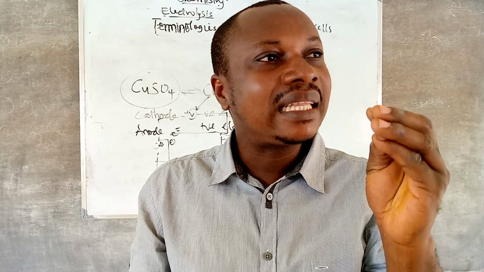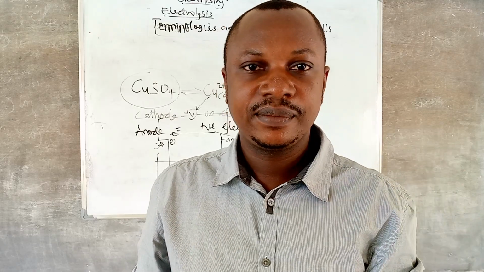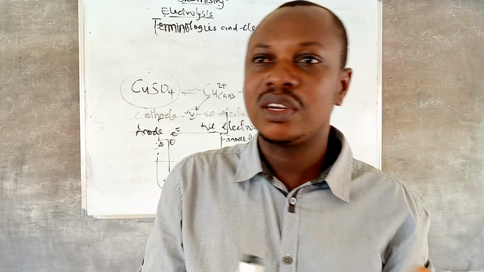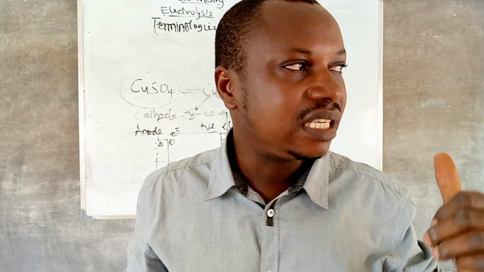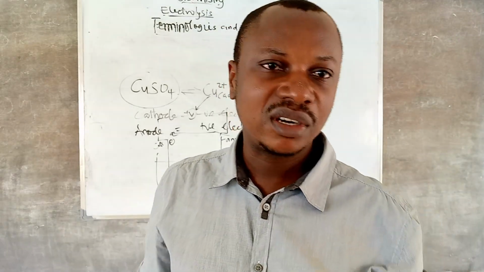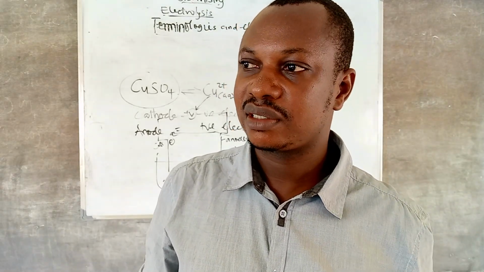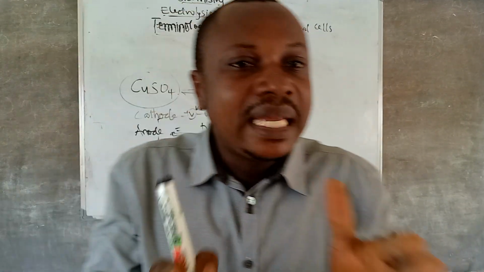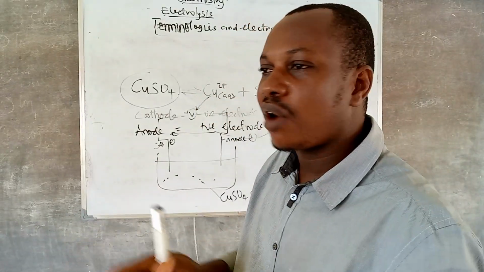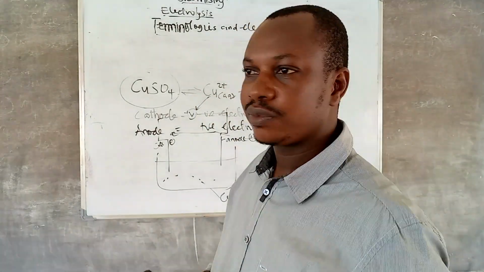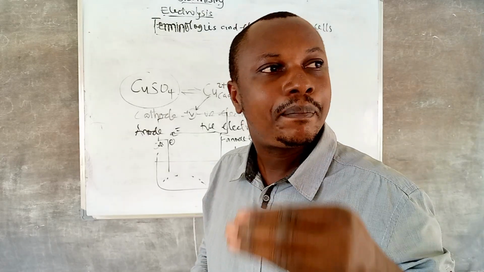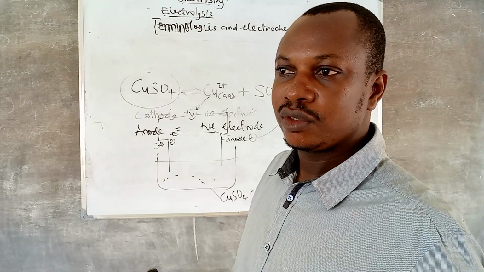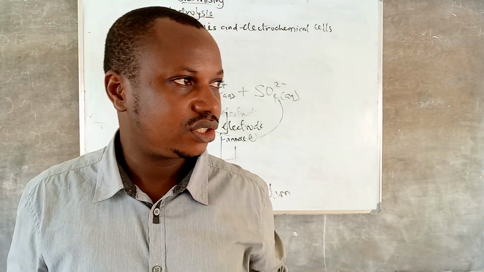Two, it maintains electrical neutrality in the two half cells. Remember, whether you are talking about electrolysis or the electrolytic cell, you refer back to what we did in our previous videos about oxidation and reduction reactions. So it permits the mixing of ions in both half cells, but it is selectively permeable. Not every ion will go into the other half cell. So that is the function of a salt bridge.